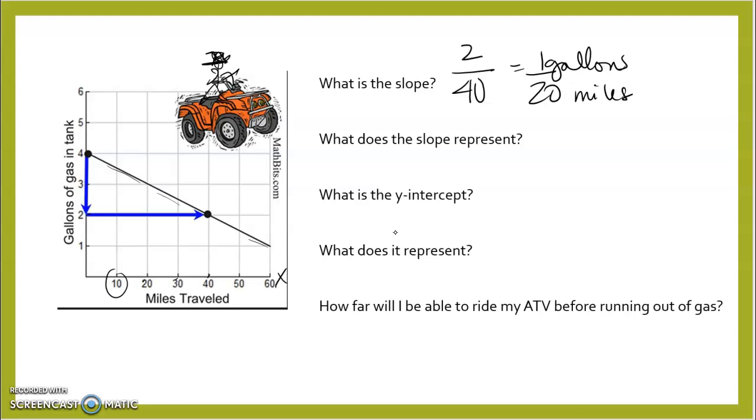What does this represent? Remember, this is miles traveled. So it means we're going to use or lose 1 gallon of gas for every 20 miles traveled. 10, 20, 30, 40. Yep. So 1 gallon used per every 20 miles.